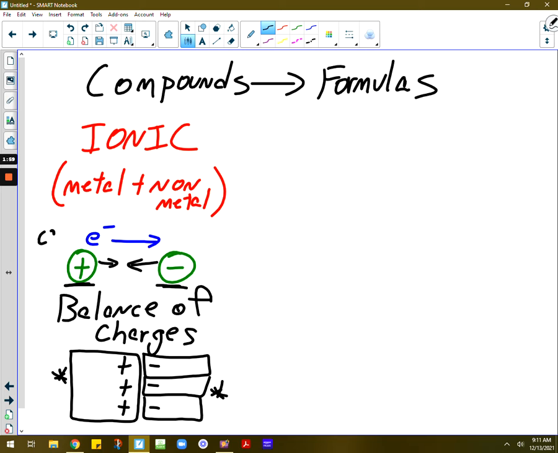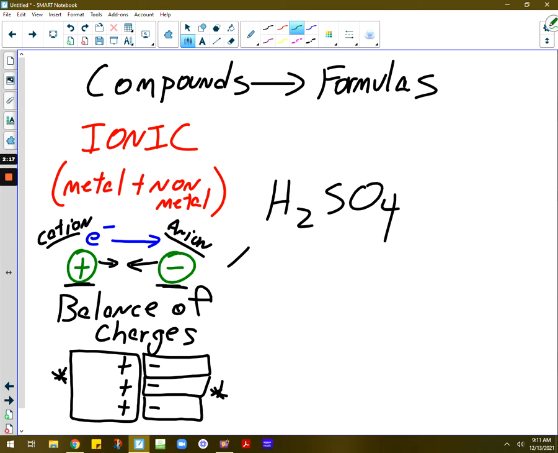Cation, anion. Even if it looks like there's more than two things there, even if I've got something goofy like H2SO4, I've got two pieces. Positive piece, my hydrogen. Negative piece is my SO4, because that's a polyatomic, right?